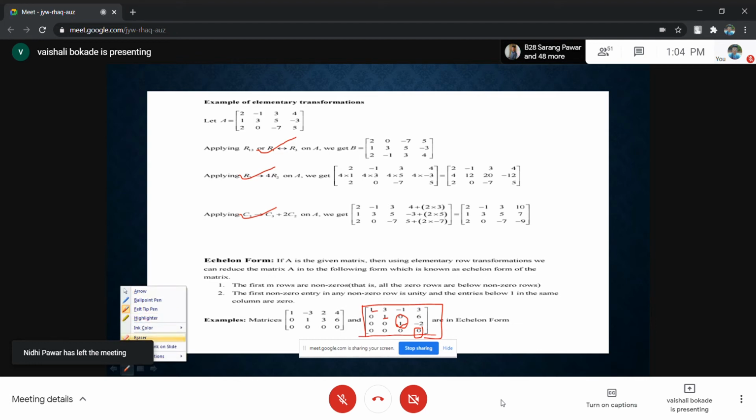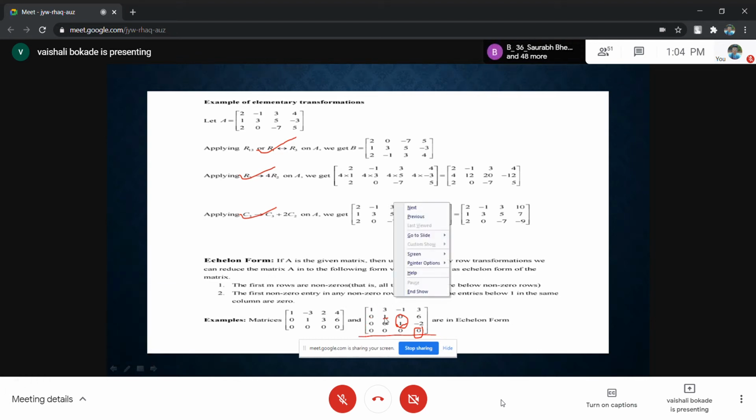So what I want to tell you: in the diagonal entries, you have to make the element at the (1,1) place, (2,2) place, (3,3) place as 1.